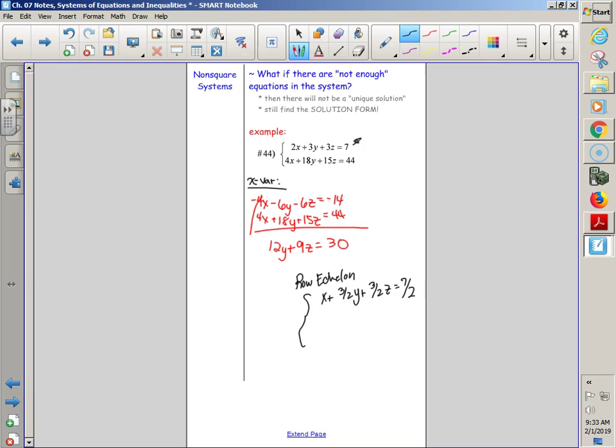Could we get the second equation? Yeah. We could divide everybody by 12, and we would get 1y plus 9/12 reduces, right? 3/4? Good. Good mental math. Equals 30/12. Wait, 30 on the top?